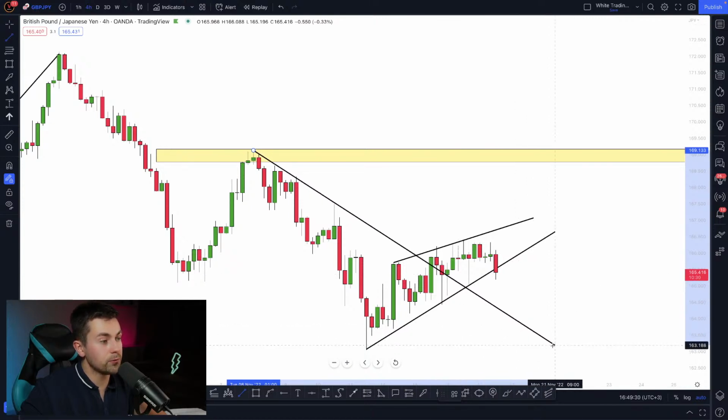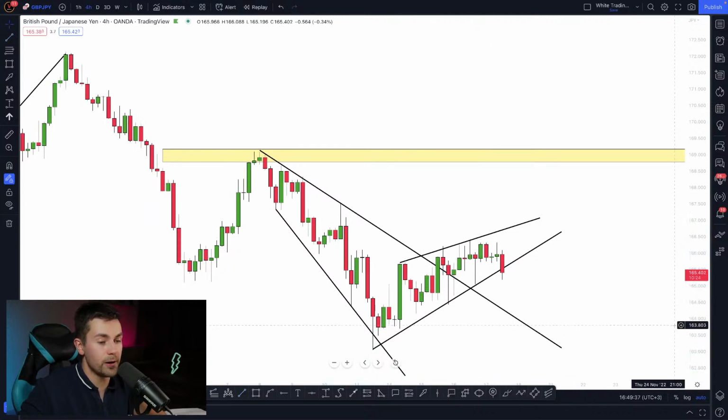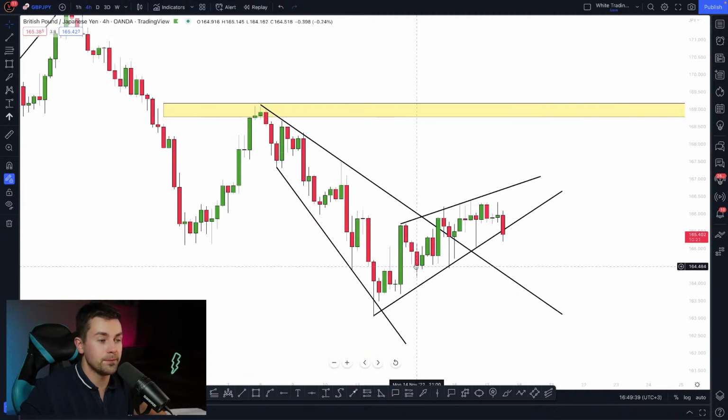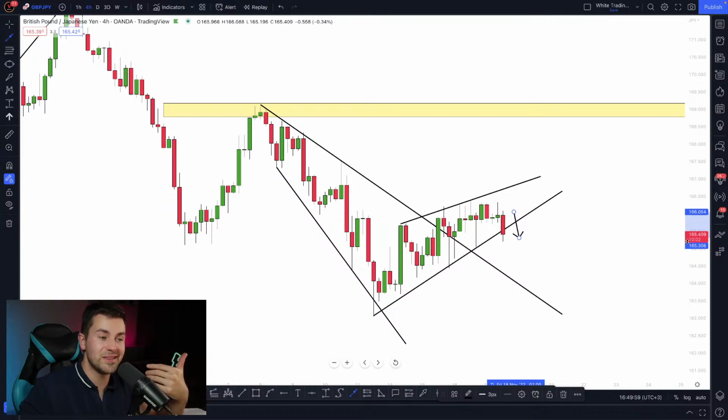We got an expanding wedge, and the price violated its resistance to the upside and formed this rising wedge. Now we see the breakout attempt of the wedge's support, and for intraday trading, I would consider shorting the breakout of that wedge. You can see that in 10 minutes, the 4-hour candle closes.